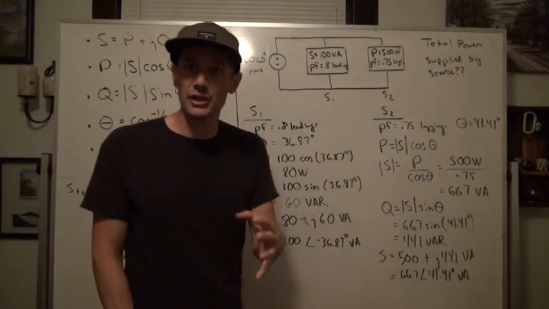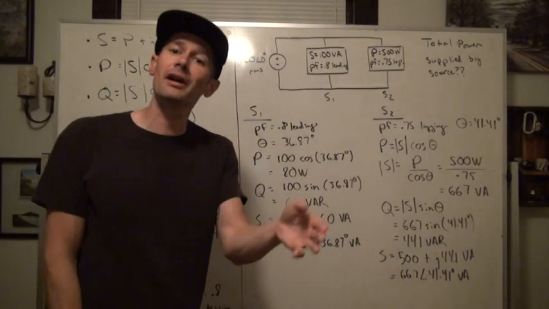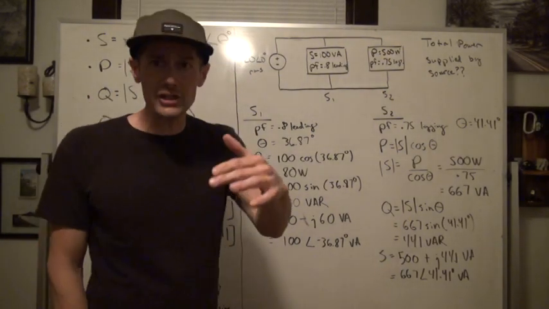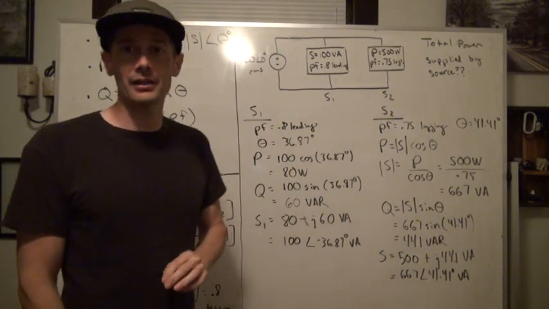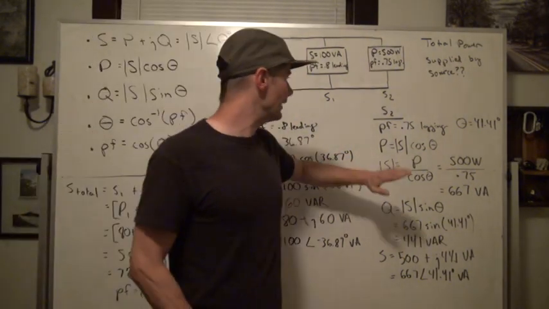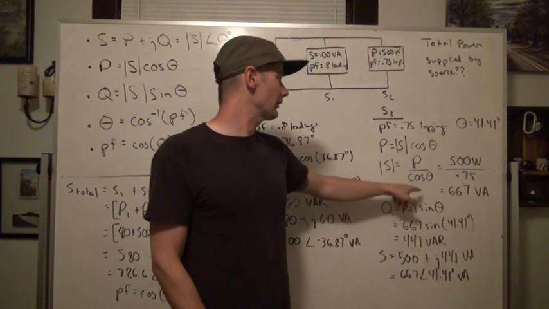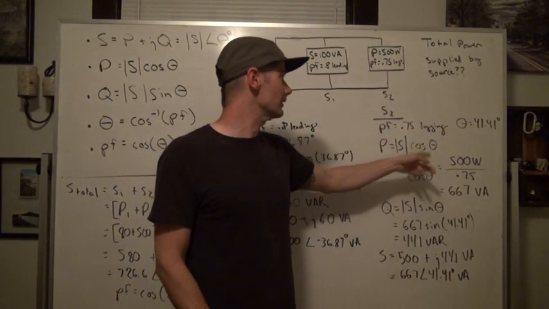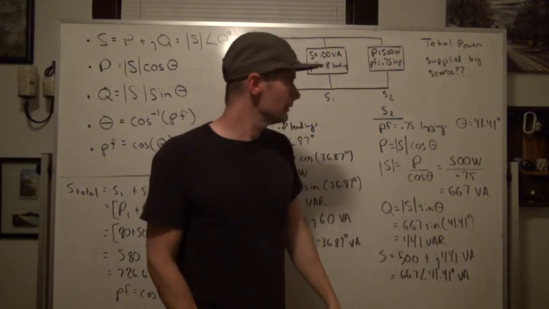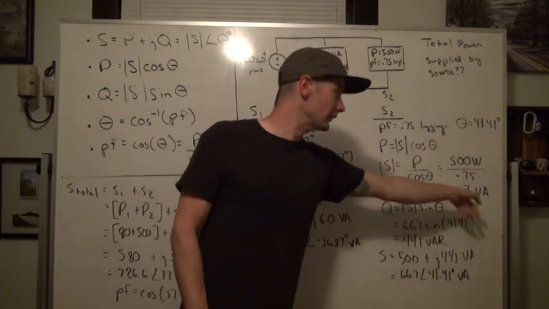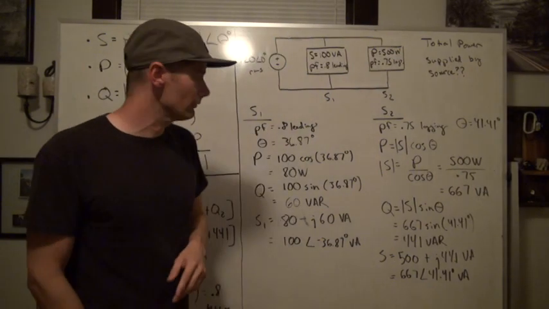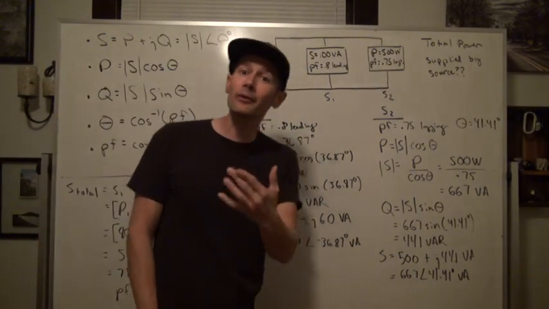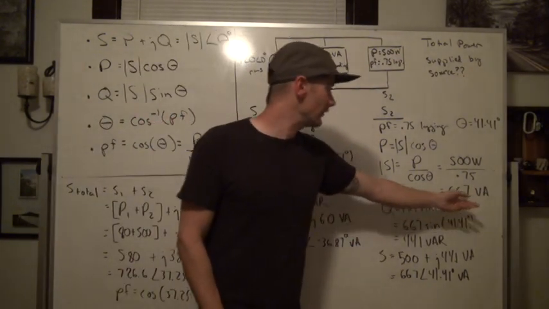That ratio, that's really what cosine of theta V minus theta I gives us, the ratio of real power to apparent power. So all we have to do here to find S is, once again, divide the real power, 500 watts, by cosine theta, or 0.75, and then we get 667 volt amperes. Piece of cake.